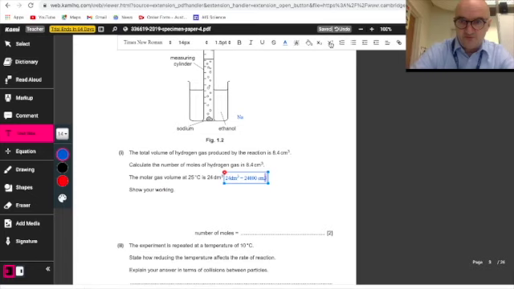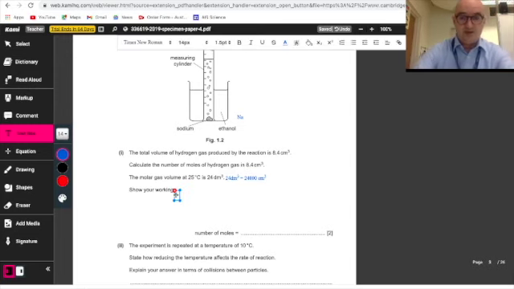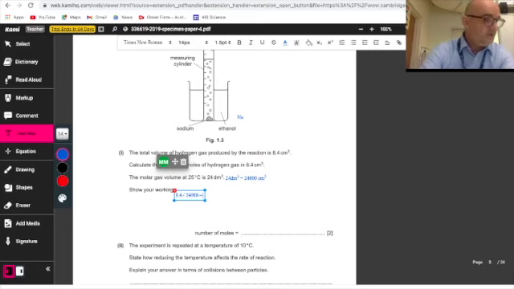So if we times our 24 by 1,000, this means that the units for the molar volume of gas at 25 degrees C are now the same as the units for the experimentally collected hydrogen gas. So now I can do 8.4 over 24,000, now both in centimetres cubed, which I make 3.5 by 10 to the minus 4.